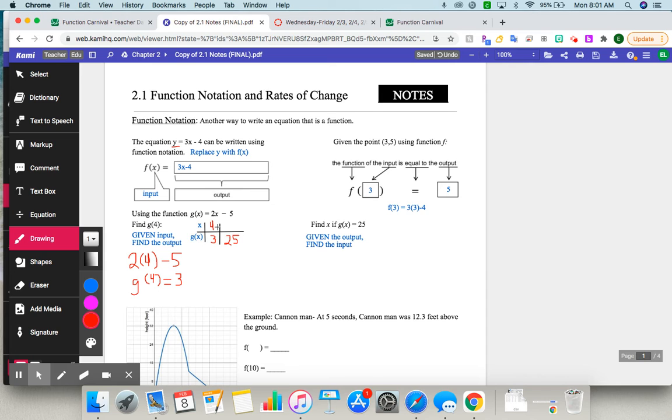In this case, instead of replacing x, we're actually solving for x by setting 25 equal to the expression 2x minus 5. I'm going to go ahead and solve that. So x equals 15. So an input of 15 gives us an output of 25.